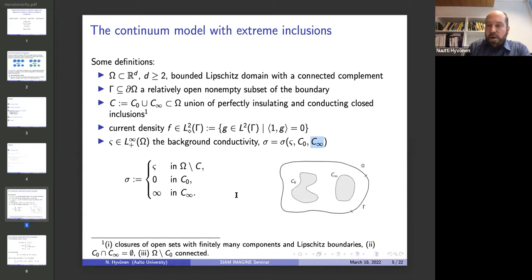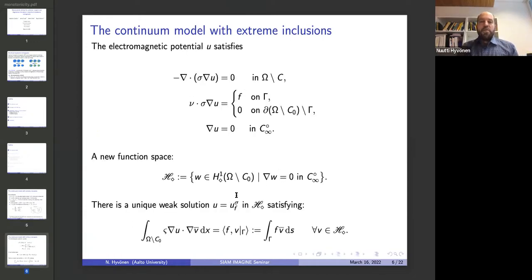And now I formulate the forward problem. So the intuitive idea, or the PDE formulation of the problem, is that I have the conductivity equation with no source term in the region inside omega, where there are no insulating or ideally conducting inclusions. Then the boundary current density is zero on the part of the boundary where I don't control the current, plus on the boundary of the insulating inclusion.